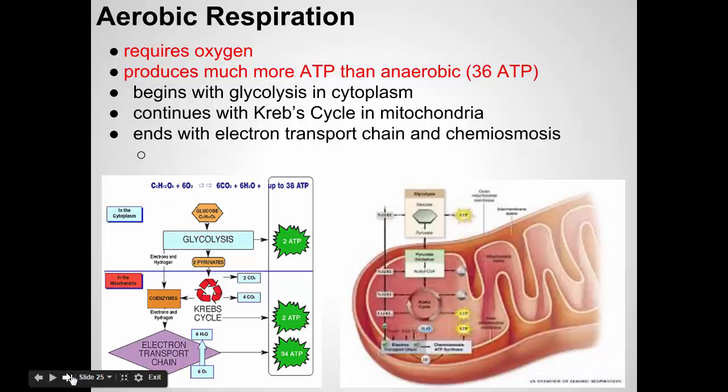It releases some carbon dioxide. The energy extracted in the Krebs cycle is transferred into the electron transport chain, which produces 34 ATP. So the vast majority of the energy from aerobic respiration comes from this final step. So electron transport chain and then chemiosmosis to produce that ATP.